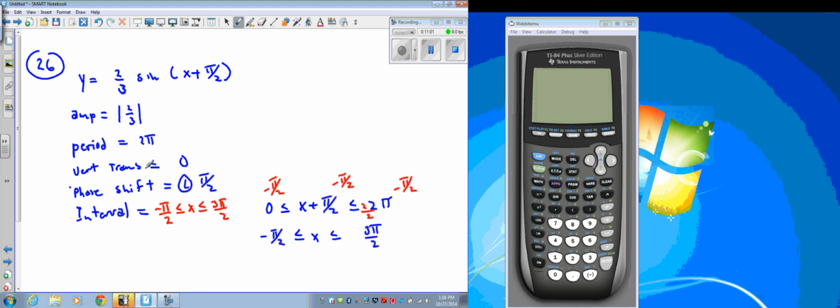The vertical translation is plus or minus out in front, so this won't show it. But this phase shift should reflect the phase shift that you said happened. So this interval will verify your period and your phase shift.